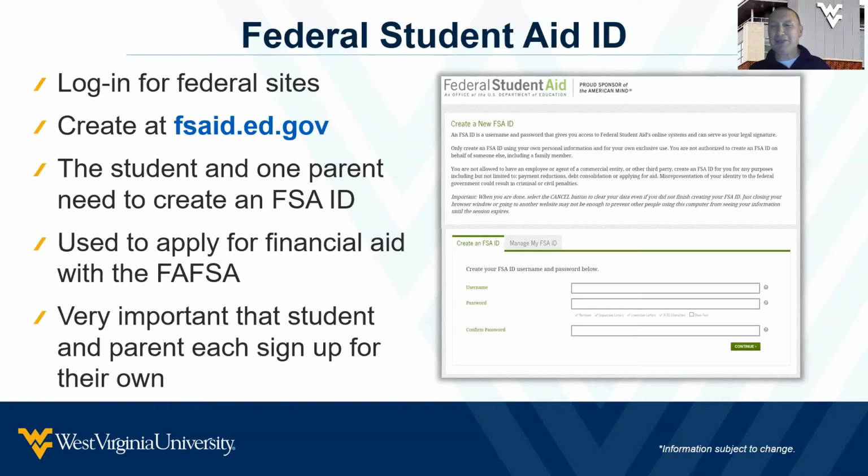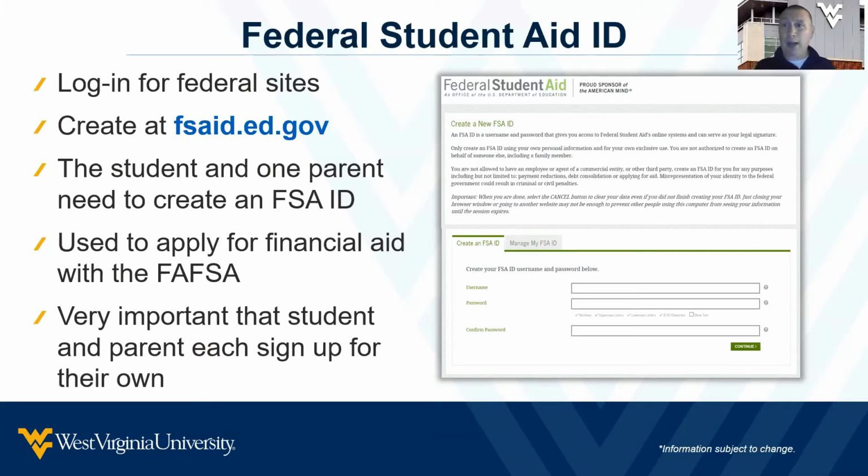Now we realize in this journey, oftentimes parents will want to complete the FAFSA all on their own, and that's not really what we want you to do because these questions are specific to the student. And so having their FSA ID, they will partner with you to review the information, and both of you will sign off after the information is done and finalized. And it's very important that both of you sign that.